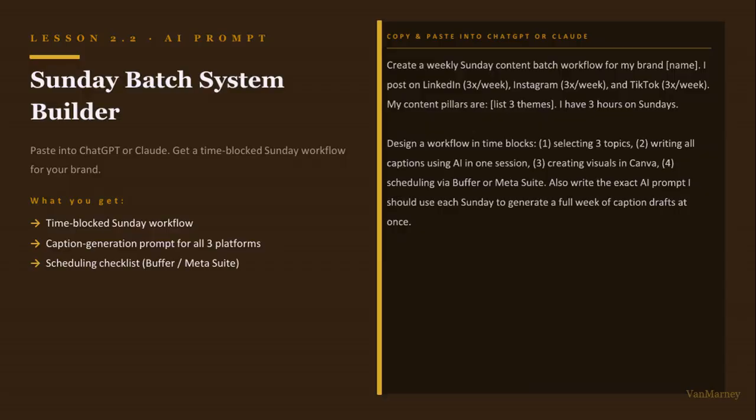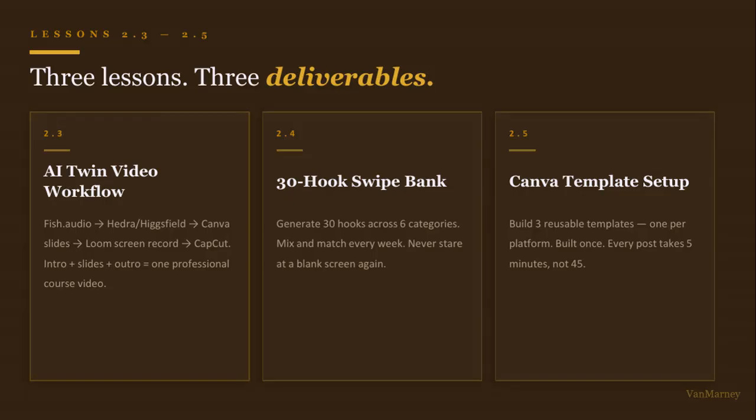The next 3 lessons focus on 3 high-value deliverables that make your content system faster and more powerful. In Lesson 2.3, you'll build your AI twin video workflow using tools like Fish.audio, Hedra or Higgsfield, Canva slides, Loom, and CapCut to create one polished course-style video.